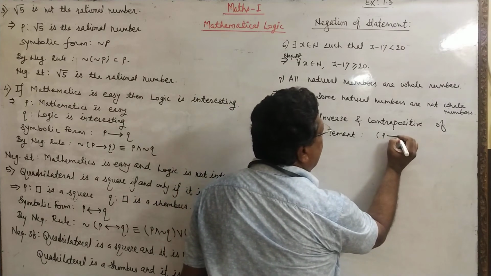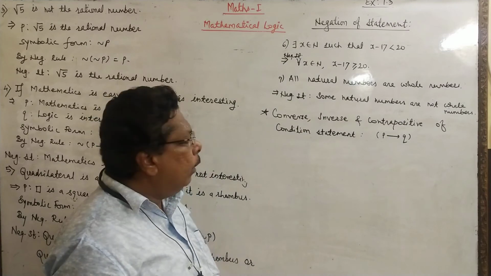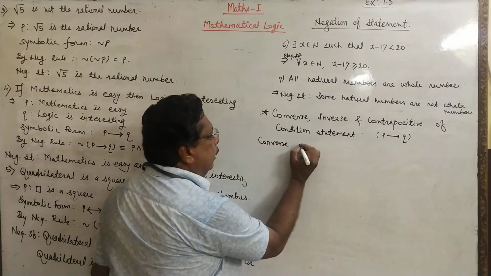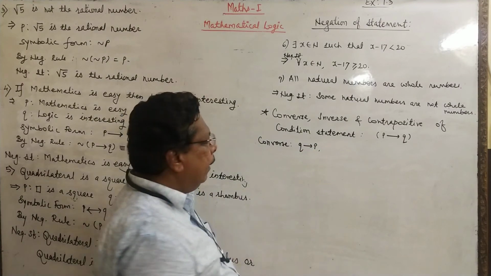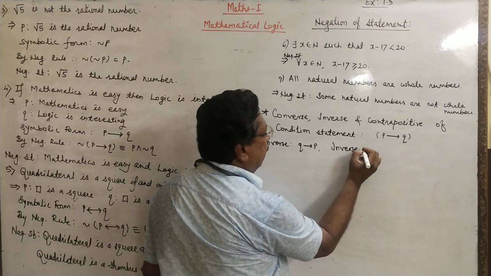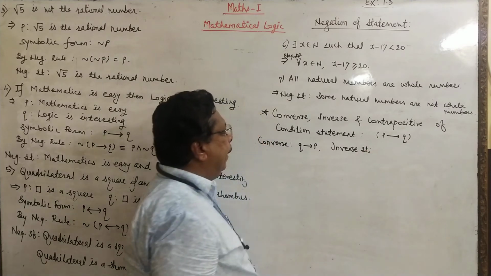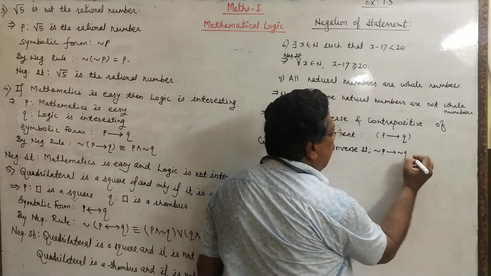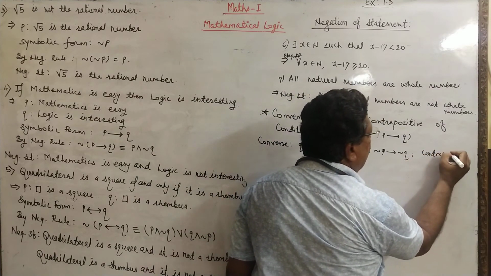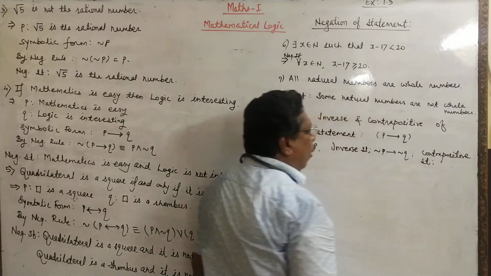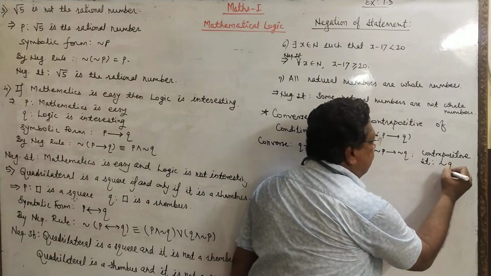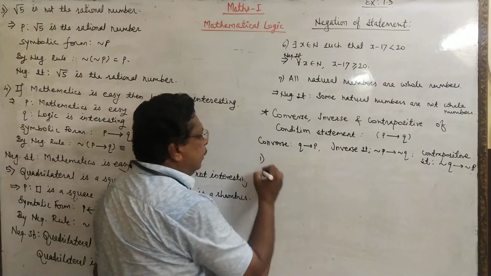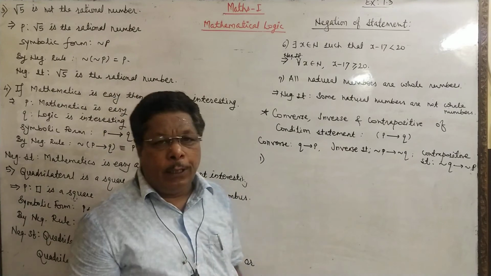A conditional statement is always in the form P conditional Q. Then the converse of the conditional statement P conditional Q is Q conditional P. The inverse of the conditional statement P conditional Q is negation P conditional negation Q. Similarly, the contrapositive of the conditional statement P conditional Q is negation Q conditional negation P.